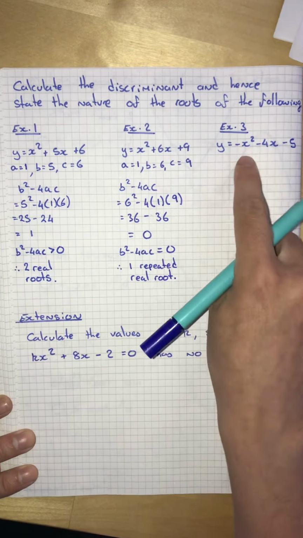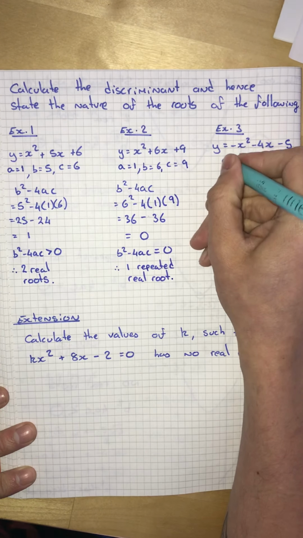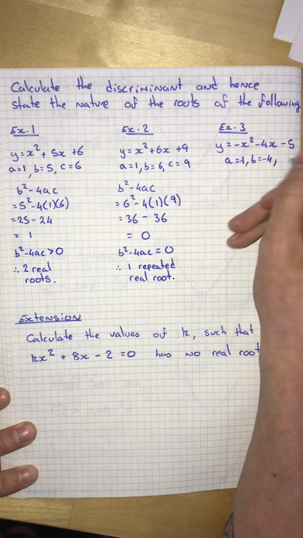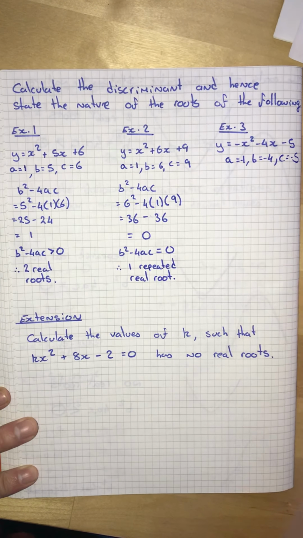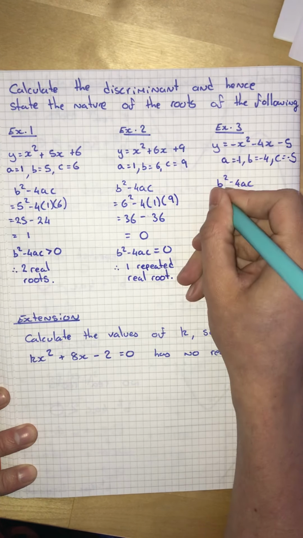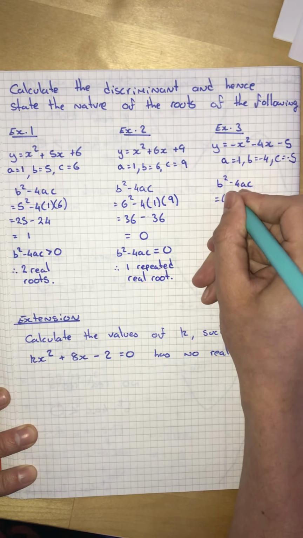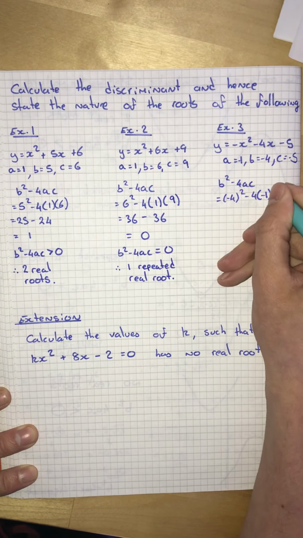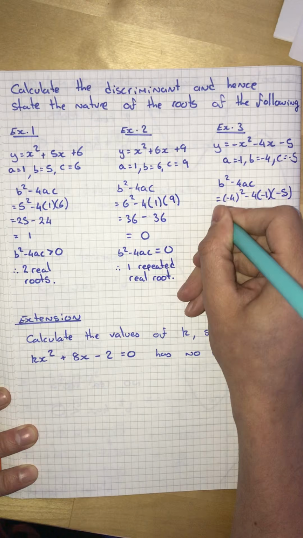I'm sure you can guess what's going to happen in this one. a equals negative 1, b equals negative 4, c equals negative 5. So b squared minus 4ac. So we get negative 4 squared minus 4 times negative 1 times negative 5.